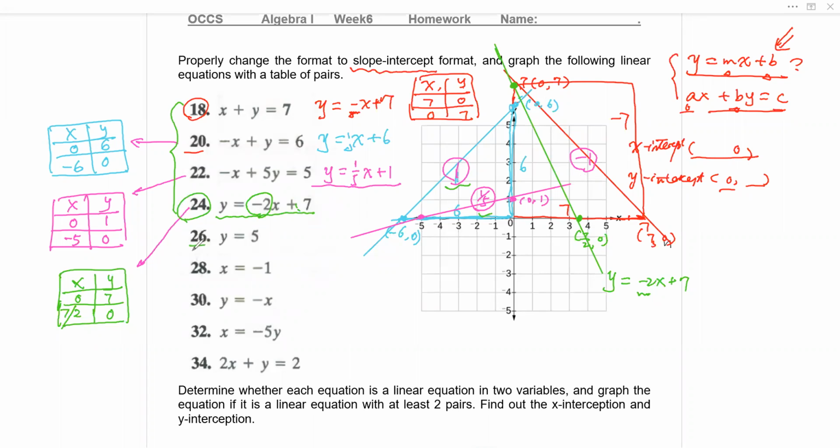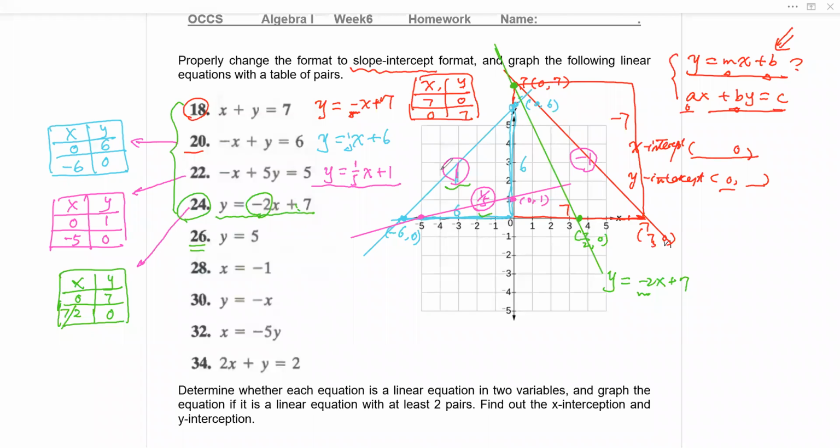Let's see 26. You can see 26 is a little bit different from previously. Let's look at this one. y equals 5. Where's the x? There's no given x, right? So x can be any number, but y always equals 5.